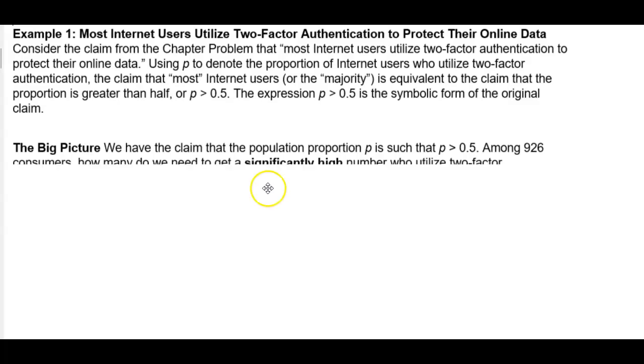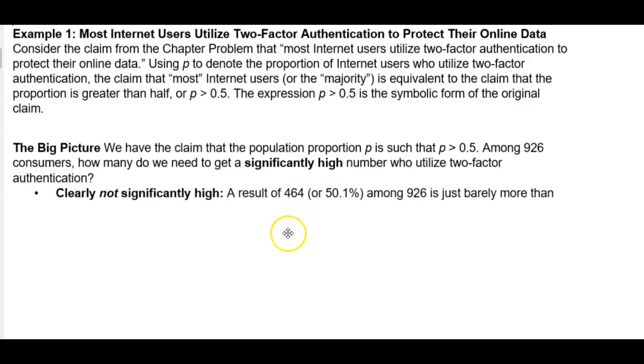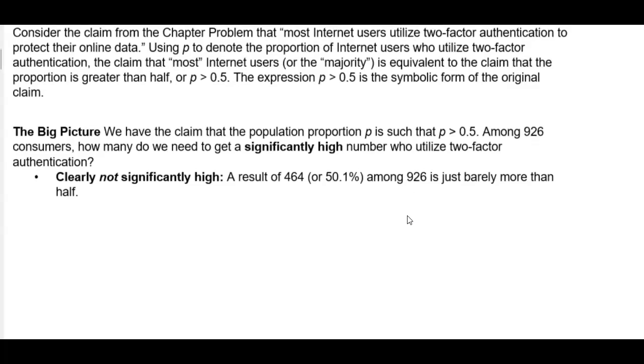The big picture. Well, we have the claim that the population proportion P is such that P is greater than 0.5. Now, among 926 consumers, how many do we need to get a significantly high number who utilize two-factor authentication? Well, clearly it's not significantly high when a result of 464, or 50.1% among 926, is just barely more than half.